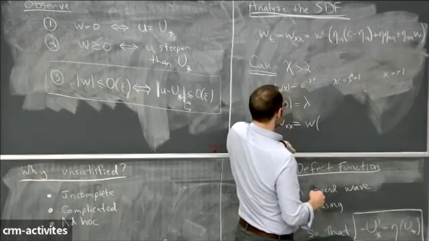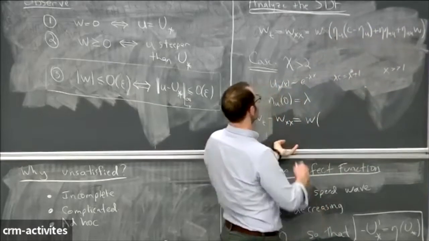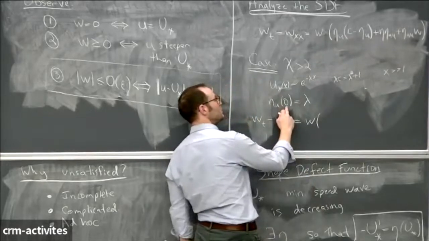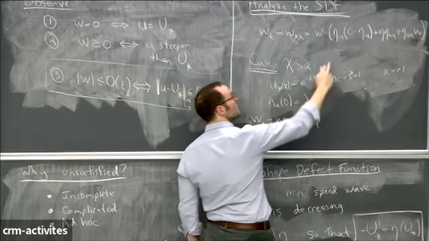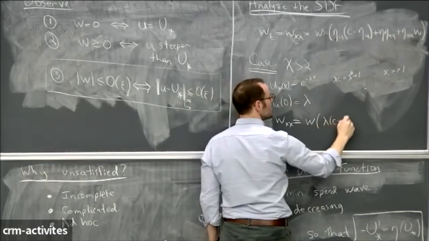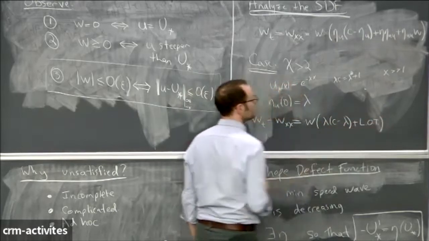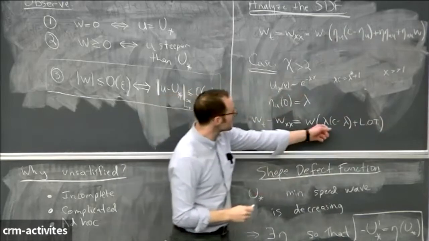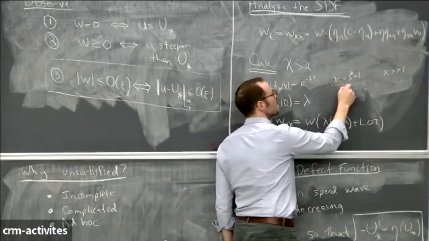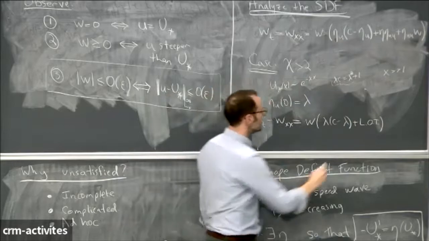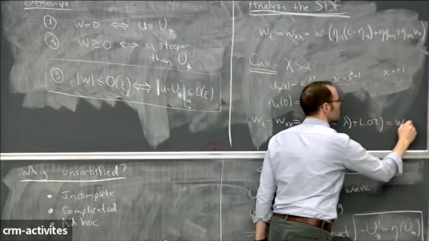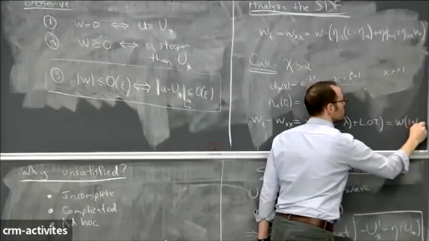And when u is small, the only term that's non-negligible is this lambda term. So we get lambda, c minus lambda plus lower order terms that don't matter. Well, what is lambda times c minus lambda? That's exactly this thing right here. So this is really w times 1 plus lower order terms.